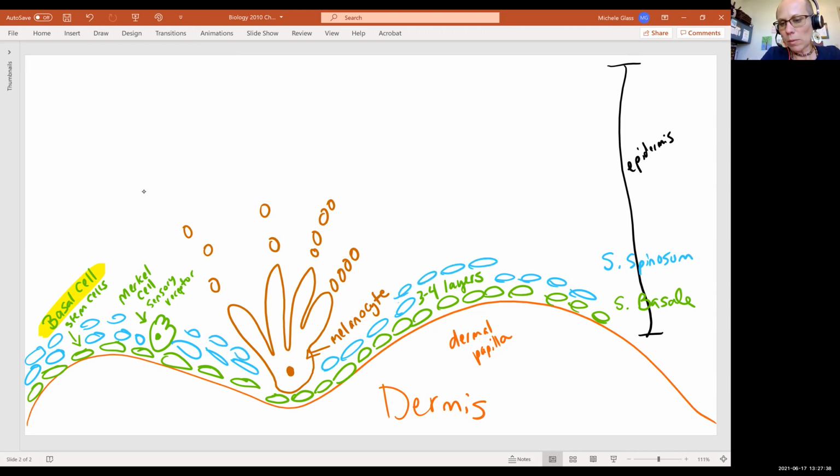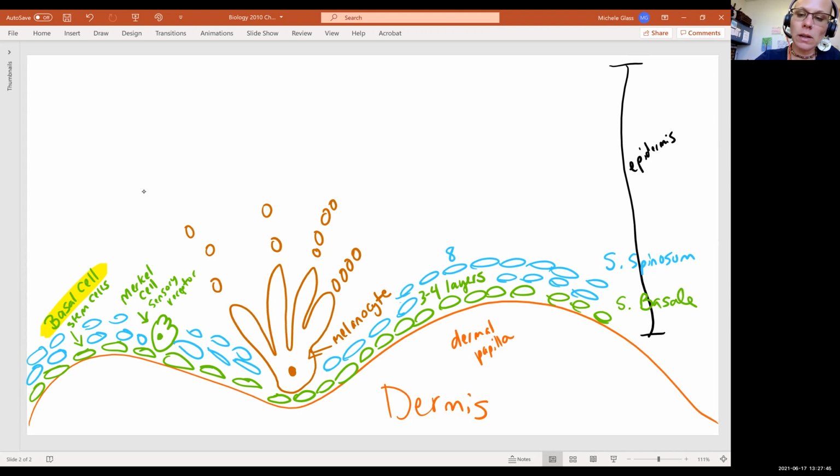And so here we're representing stratum spinosum. Now the stratum spinosum is going to vary in its thickness, so it can be about 8 to 10 layers thick. We'll see that the stratum spinosum has both these keratinocytes, and then it has another important type of cell.